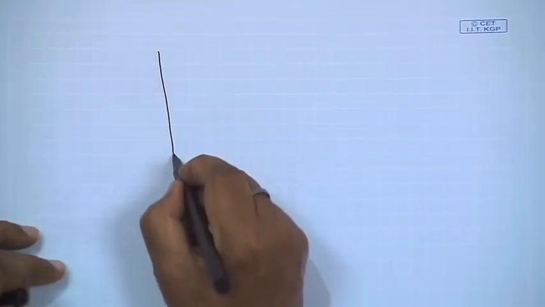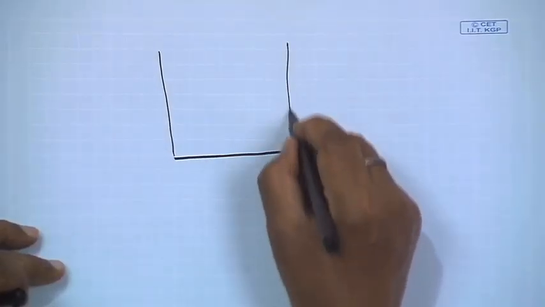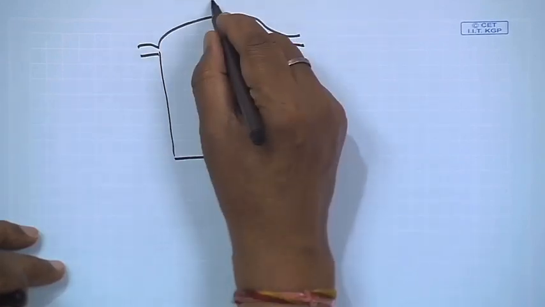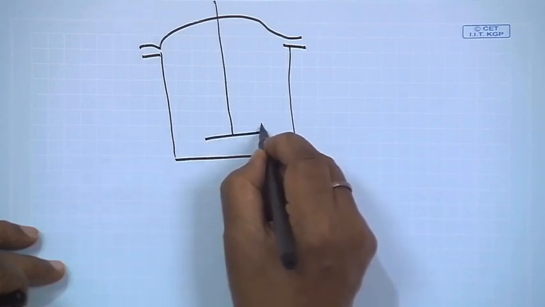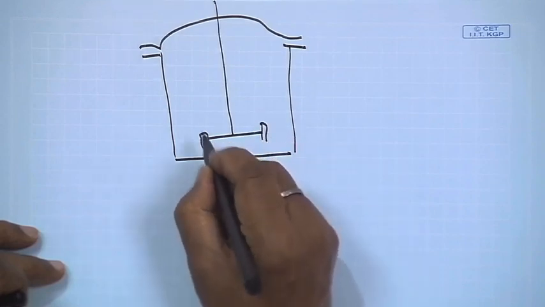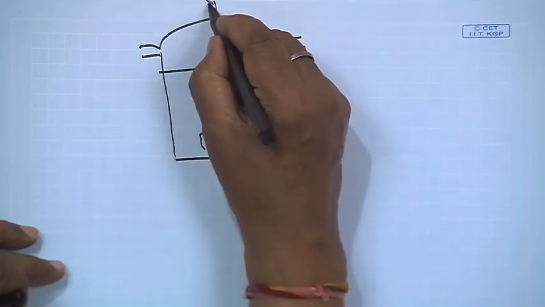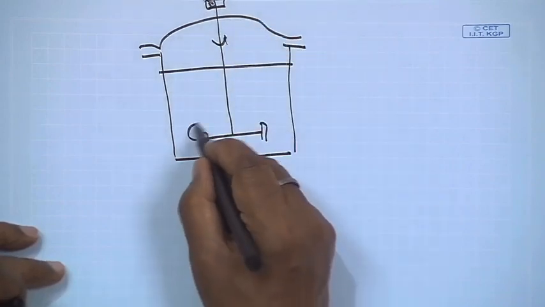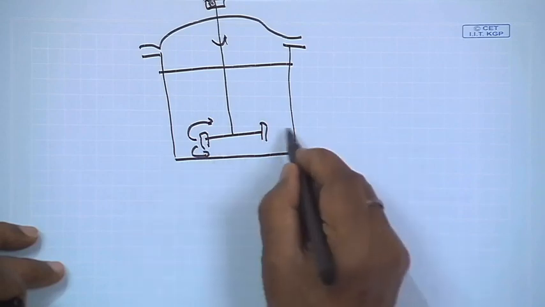I can give you a typical example here. Suppose when there is the stirring, it will be stirred like this.